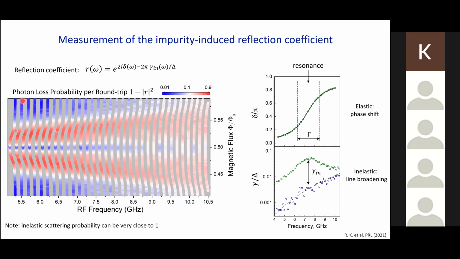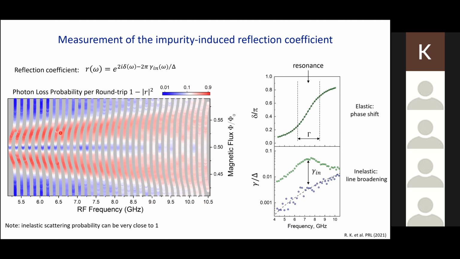Here, every line is a transmission line mode as a function of flux, and the color represents the photon loss probability per round trip, which is related to this R. As we tune flux, we see that the modes shift, and that's an elastic part of the impurity reflection. And you can also see that the color changes. Here, for example, it becomes 0.9, which is close to 1.